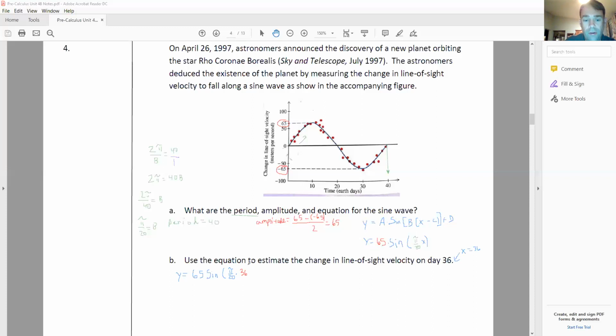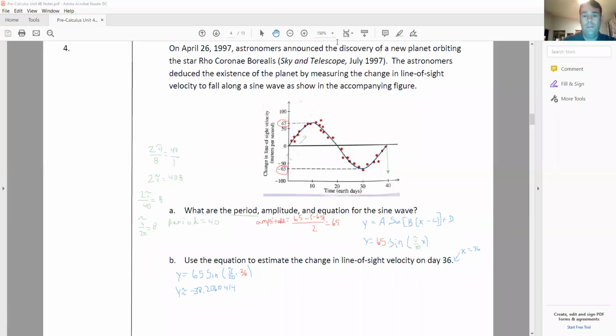And when you plug that in, friends, you end up getting a value that is approximately negative 38.2060415.